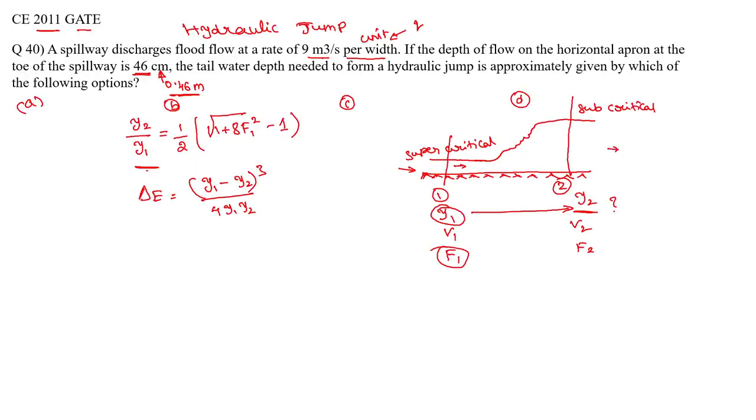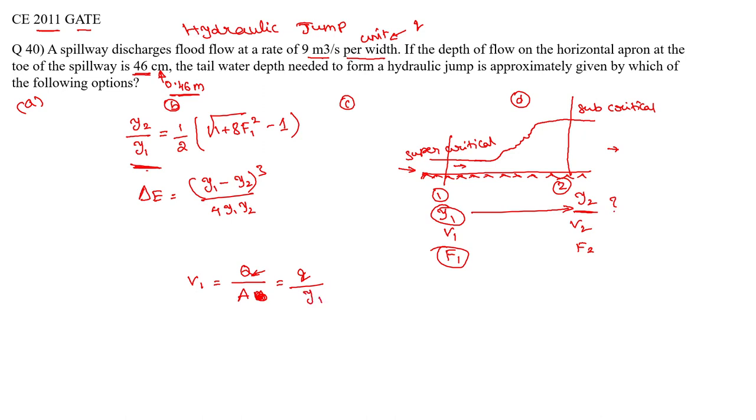So can anybody guess how much the value is? Just use this particular equation. This equation is sufficient. Maybe I can give a hint. V1 equals Q by A, or maybe I can simplify it this way: V1 equals q divided by y1.